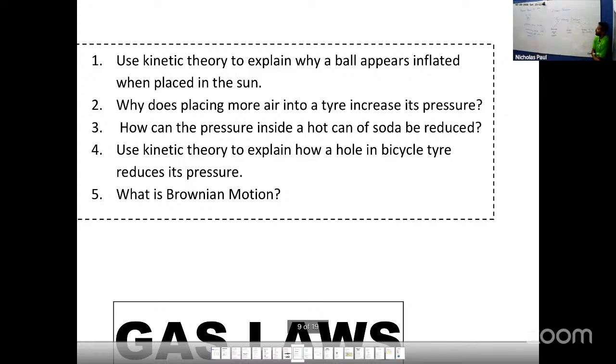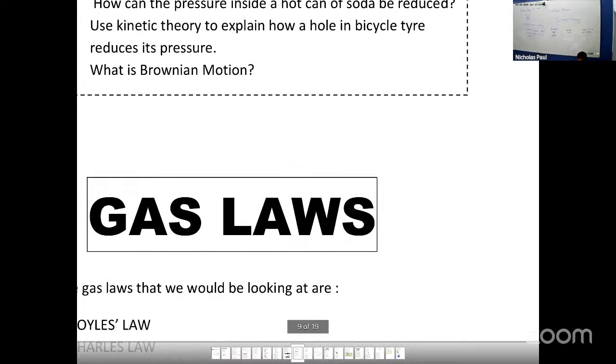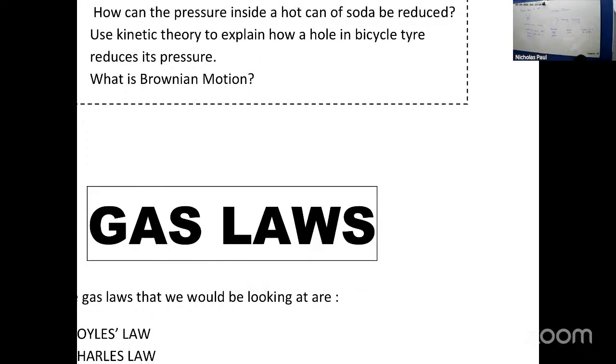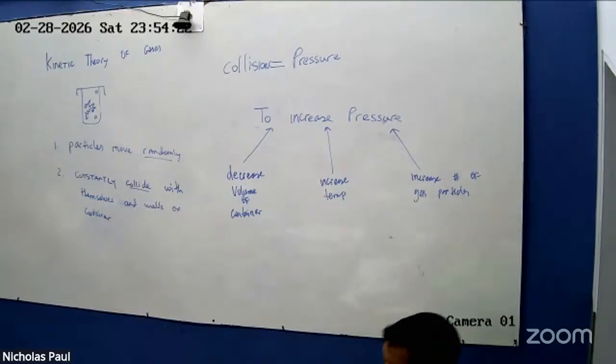Right, here's what we're going on to now. We are going on to something called the gas laws. So we're going to take a look at how three quantities are related. We're going back to the simulation.